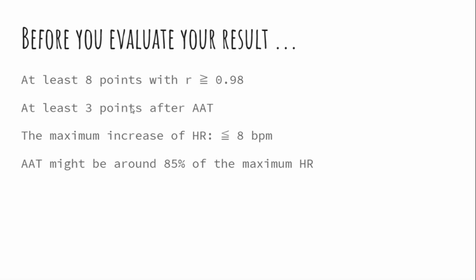Anyway, the next consideration is I have to have at least 3 data points after anaerobic threshold, which I had, and I think I got 5 data points after the deflection point, so I could meet this criteria. And the last criteria is maximum increase of heart rate must be less than 8 beats per minute.